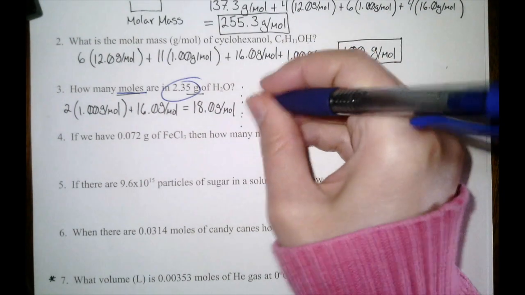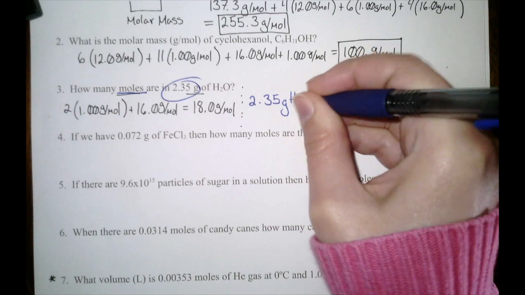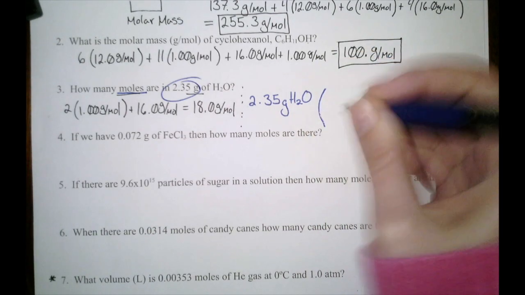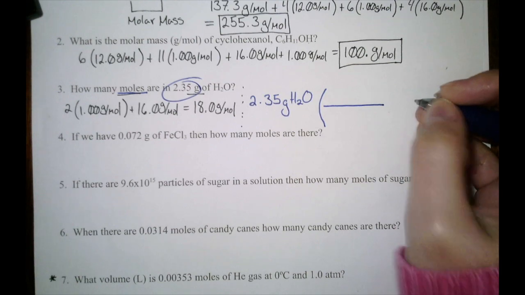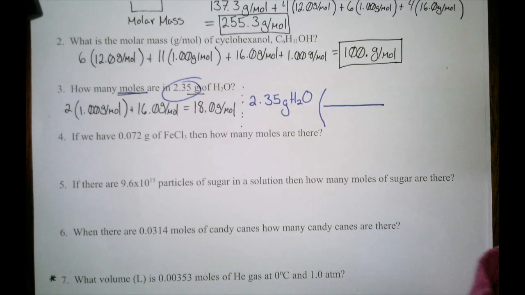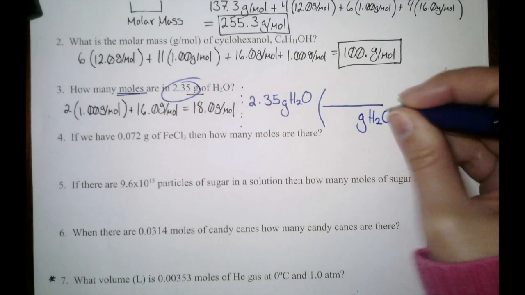So I'm starting with 2.35 grams of water. I want to end up with moles at the end, and I want to cancel grams. Well, if I'm canceling grams, that means I need to have grams of water on the bottom.